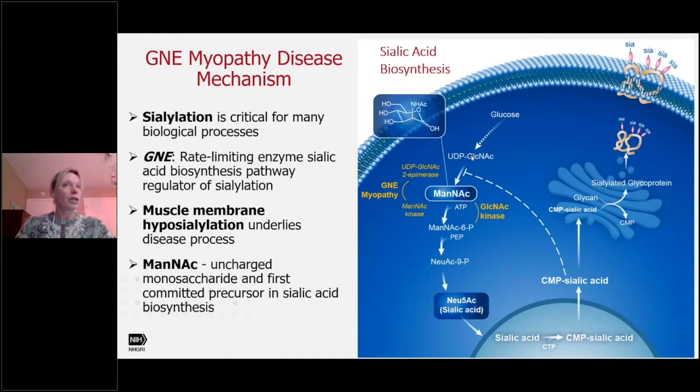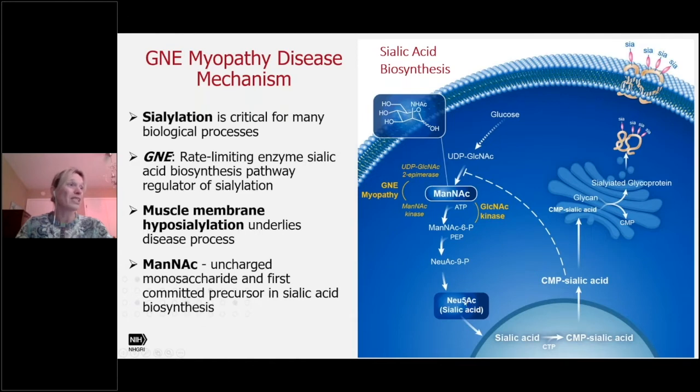This UDP-GlcNAc can be converted to ManNAc and directly to ManNAc 6-phosphate by the GNE protein. The GNE protein has two enzymatic domains. One is called epimerase enzymatic activity that converts UDP-GlcNAc to ManNAc, and the other is called ManNAc kinase activity that converts ManNAc to ManNAc 6-phosphate. Then two other enzymatic steps will make sialic acid.